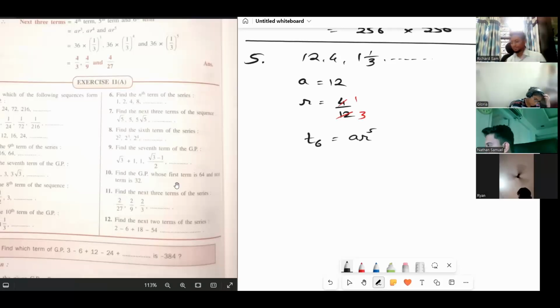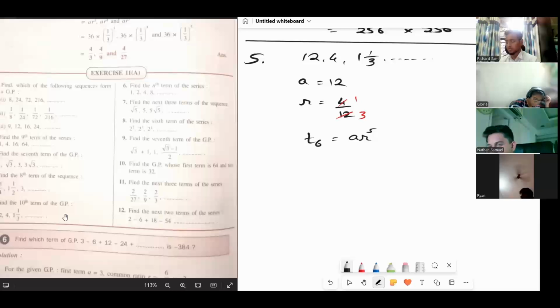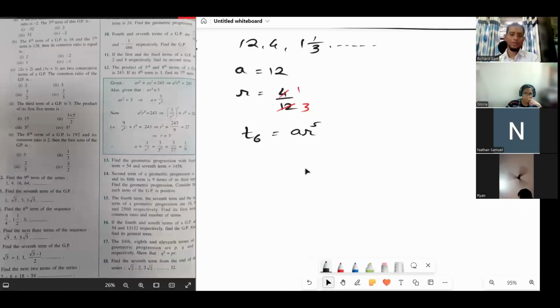Did you all get the answer? See, a question is in mixed fraction, no? So your answer also should be in mixed fraction. Okay, so T6 is equal to 12 into 1 upon 3 whole raised to 5.